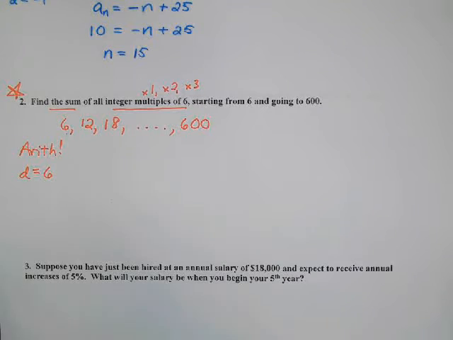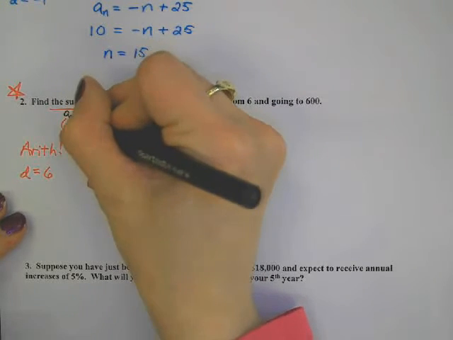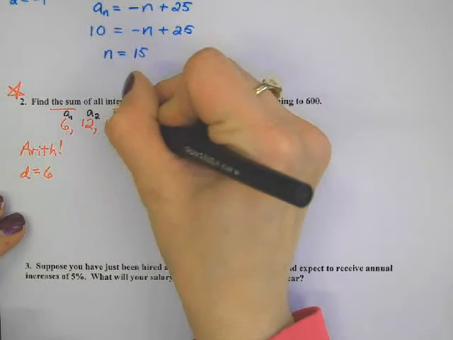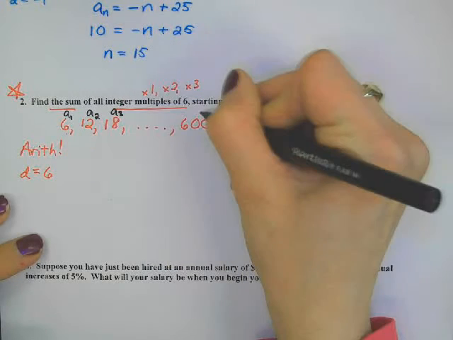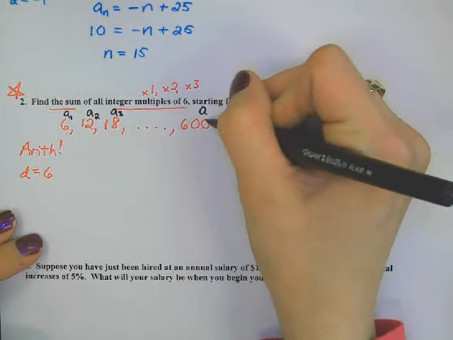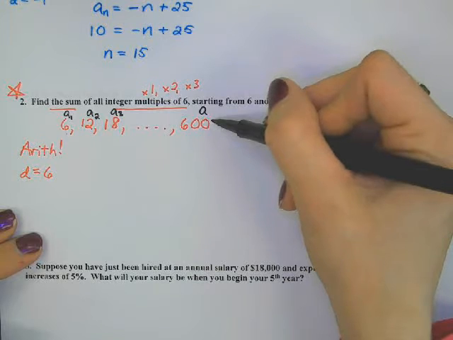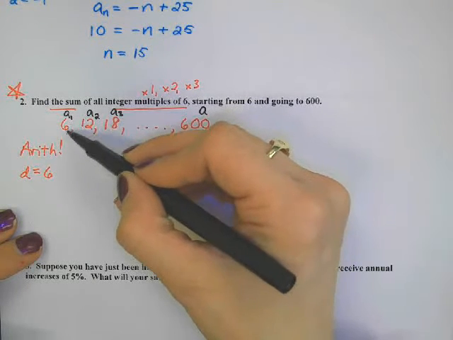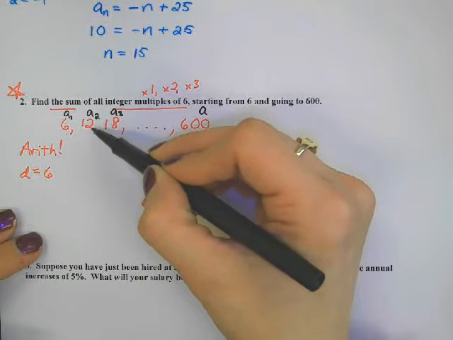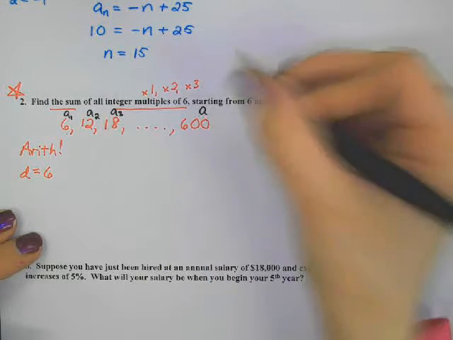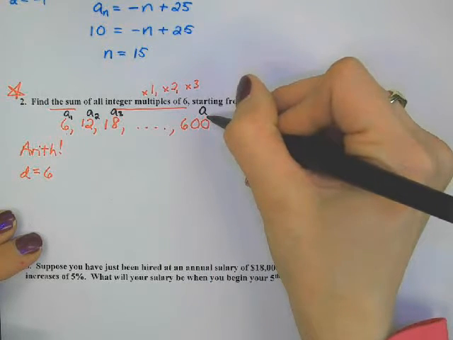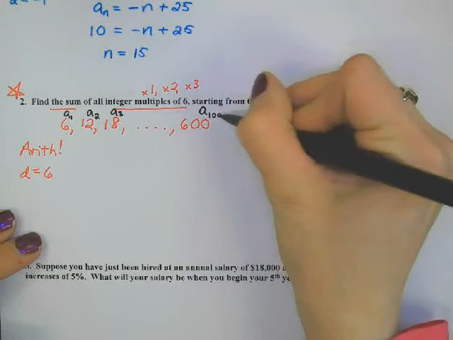So when I'm looking at these terms, I know this is the first one, the second one, and the third one. And this is the, well, maybe you can just think about it. A sub 1 is 6. A sub 2 is 12, because 2 times 6, and 3 times 6, and this must be the 100th term.